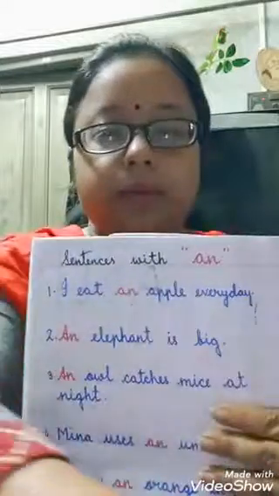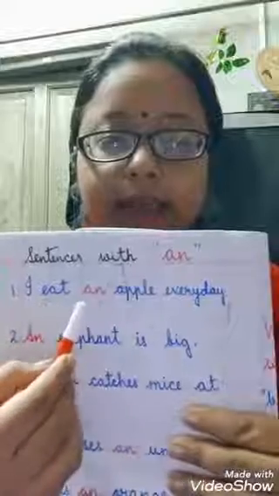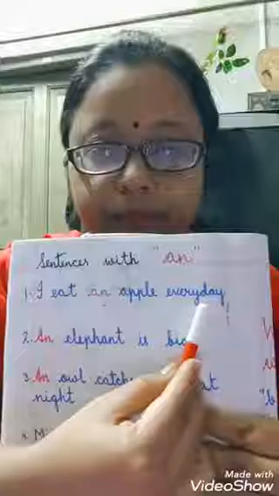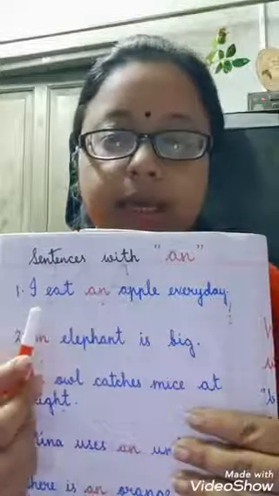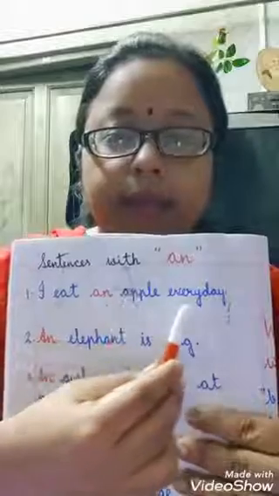It is a picture of an apple. So what sentences can we make out of an apple? Let's see. I eat an apple every day. I repeat, I eat an apple every day.